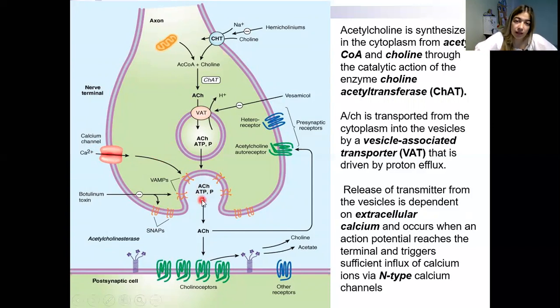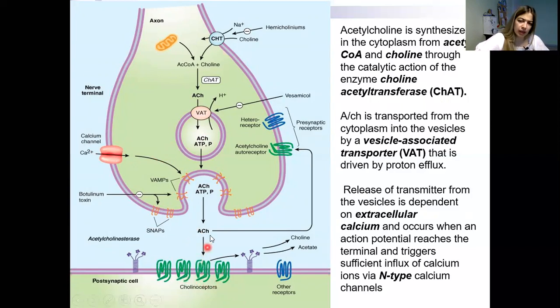When the acetylcholine goes out from this vesicle to the synaptic cleft, it accumulates here and it can affect the receptors located in the postsynaptic cell. So it can bind to the cholinereceptors here.